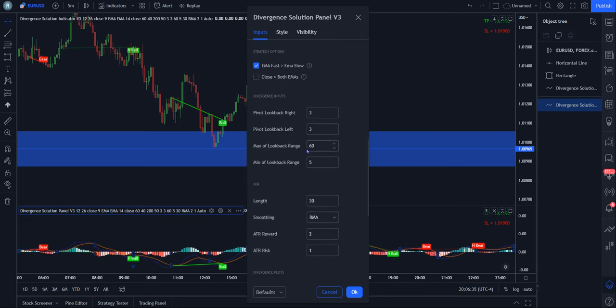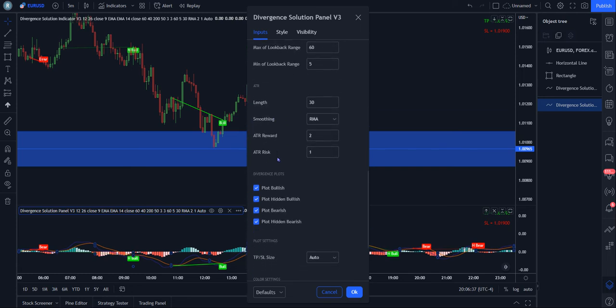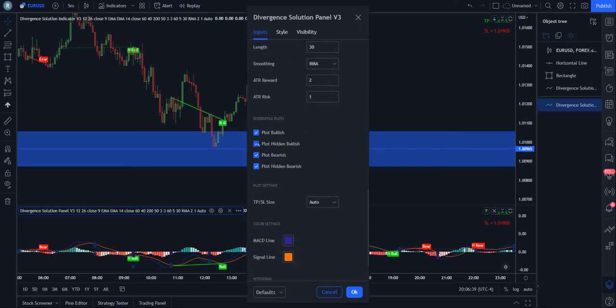Change the look back range. And what's awesome about this is it will plot regular divergence and hidden divergence. In this case, I'm just going to hide the hidden. You can see here where it was plotted.